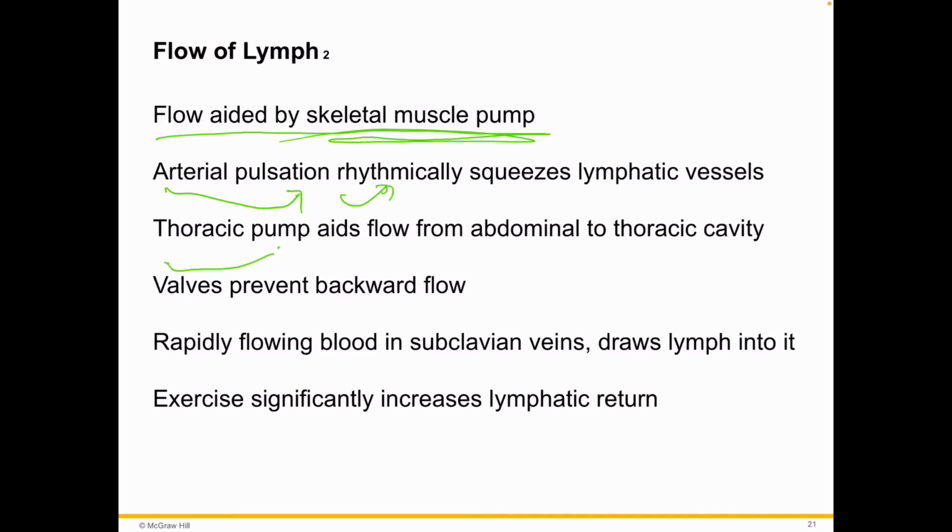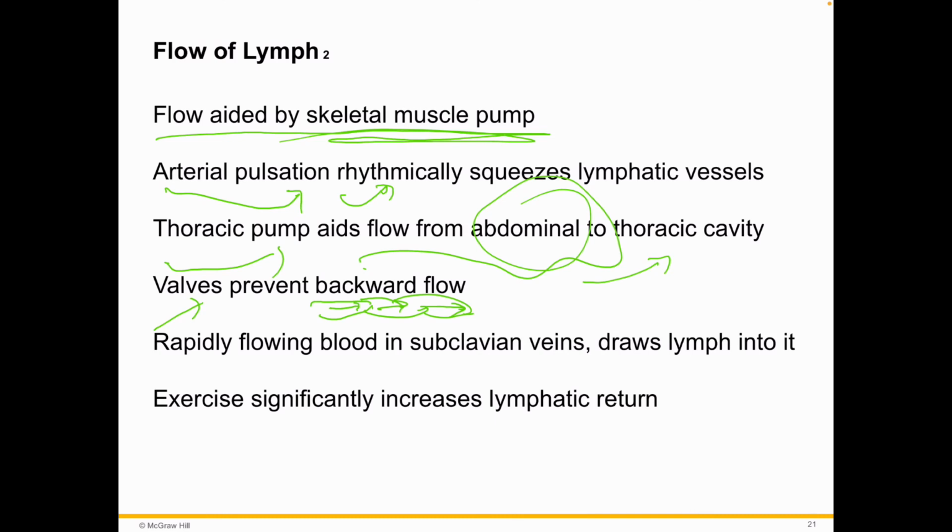The thoracic pump is also going to aid in flow from the abdominal region, because you don't have a whole lot of skeletal muscles up to the thoracic region. The valves, which we've been talking about quite a lot, prevent backward flow, and they work just like the locks of the Panama Canal, stabilizing pressure as fluid is slowly and regularly moved up and into the vessels.